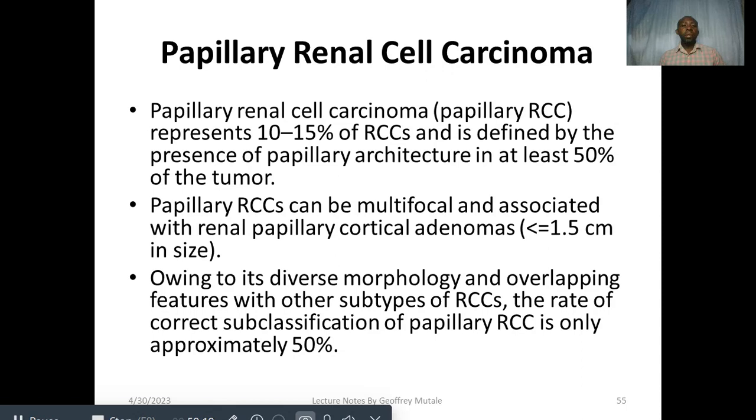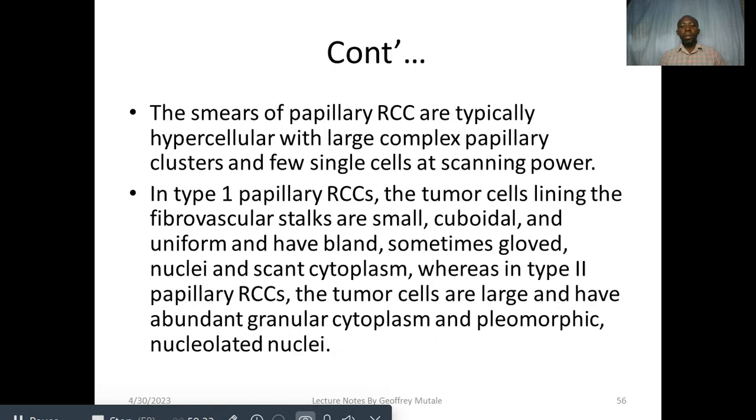So owing to its diverse morphology and overlapping features with other subtypes of renal cell carcinomas, the rate of correct subclassification of papillary RCC is usually approximately 50%. The smears of papillary RCC are typically hypercellular with large complex papillary clusters and few single cells at scanning power.